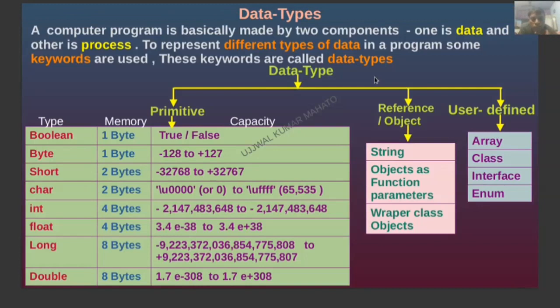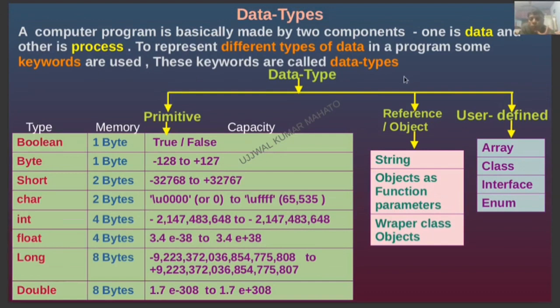Now we can see the whole summary of data types here. So what are data types? A computer program is basically made by two components: one is data and the other is process.